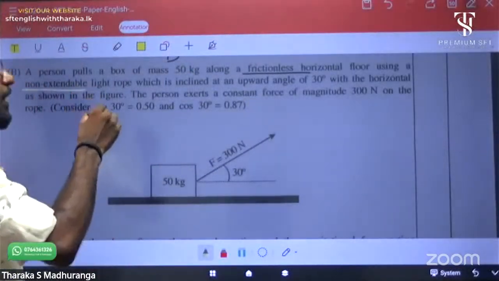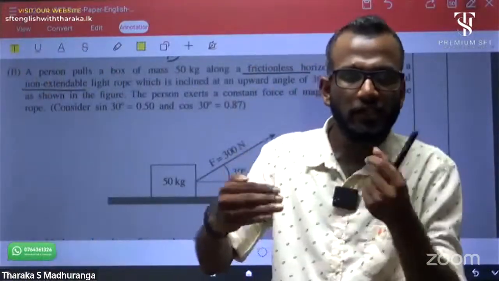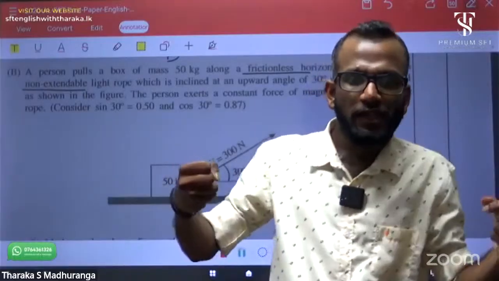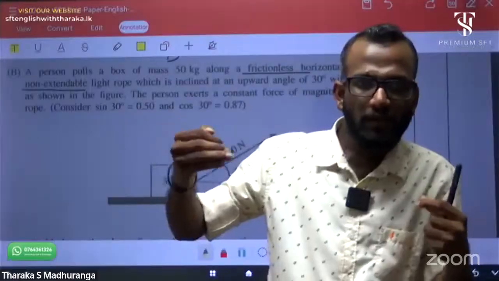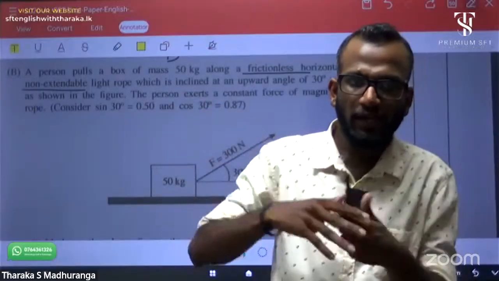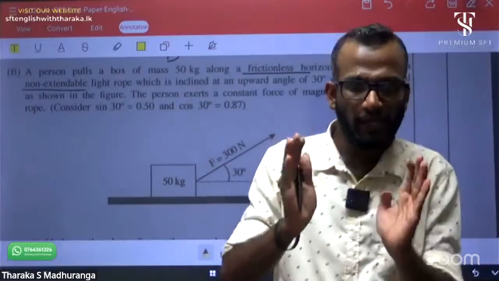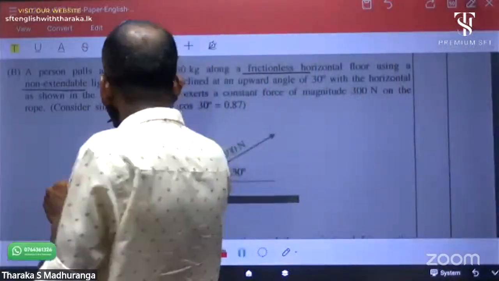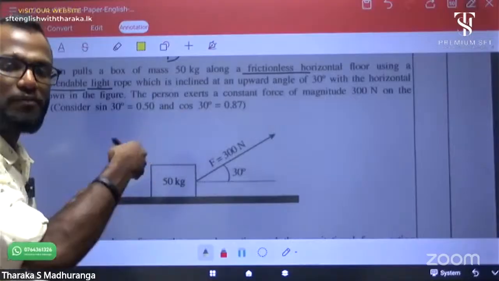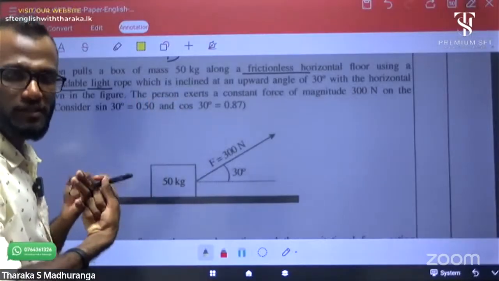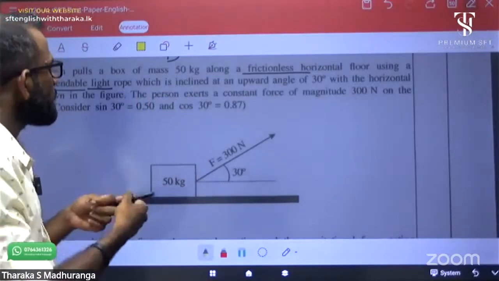What's the meaning of non-extendable? When we apply force, it doesn't extend, the length does not increase, same length. And light means we don't need to worry about the weight of the string.